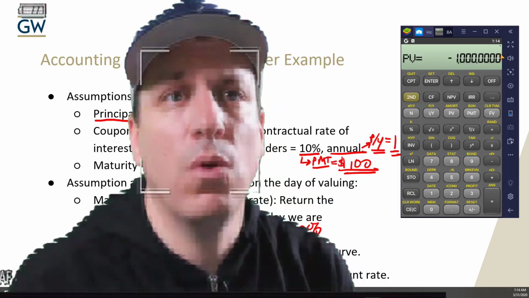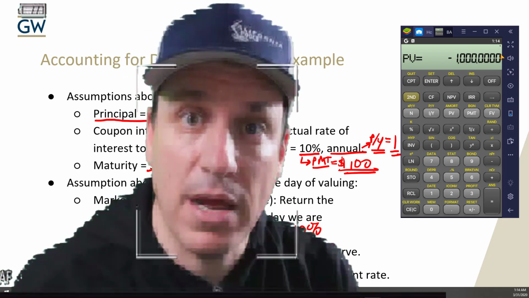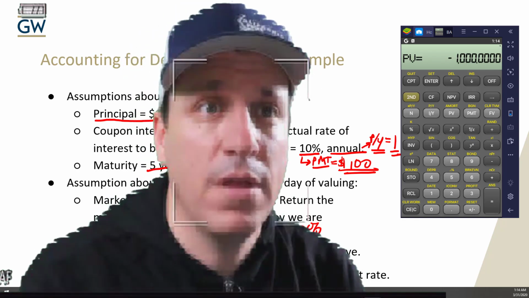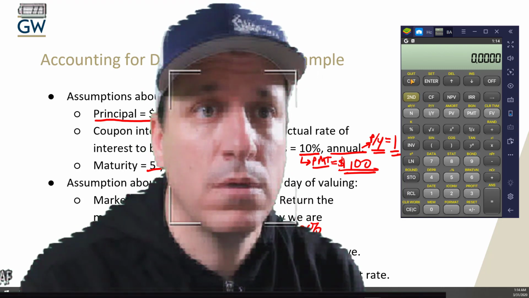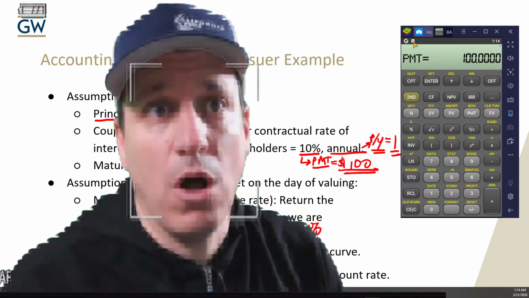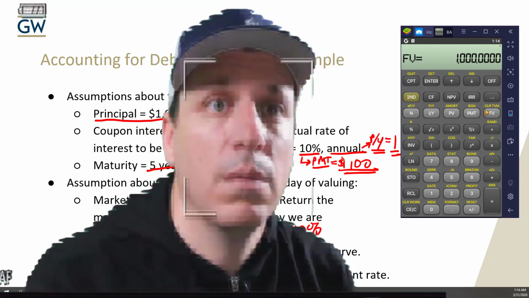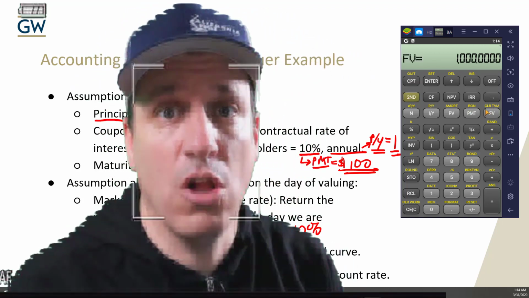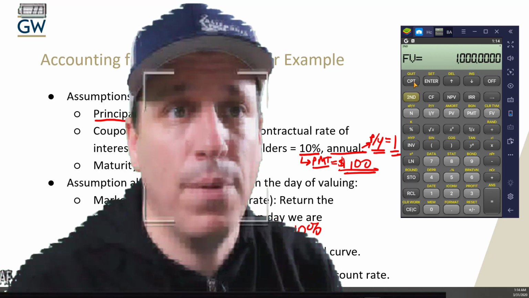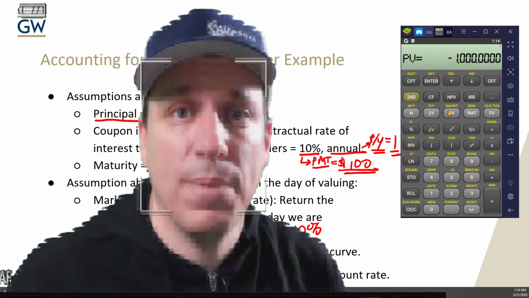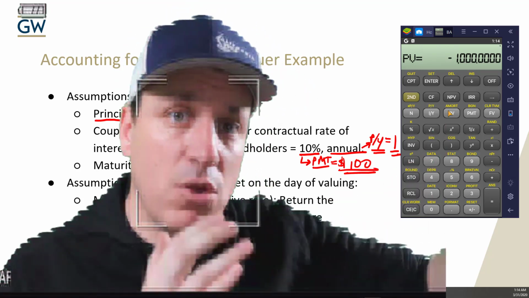So why does this equal negative 1,000? Well, let's think about it. What this is telling us is that if you want to have that $100 of payments and that future value of $1,000, you are going to have to give up $1,000 right here, because our market rate of interest equals our coupon payments.